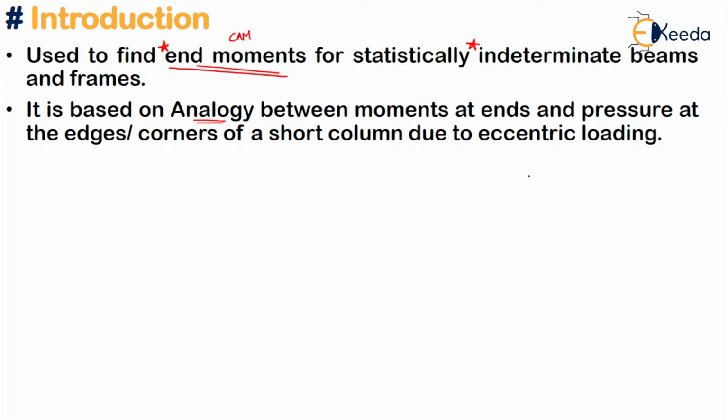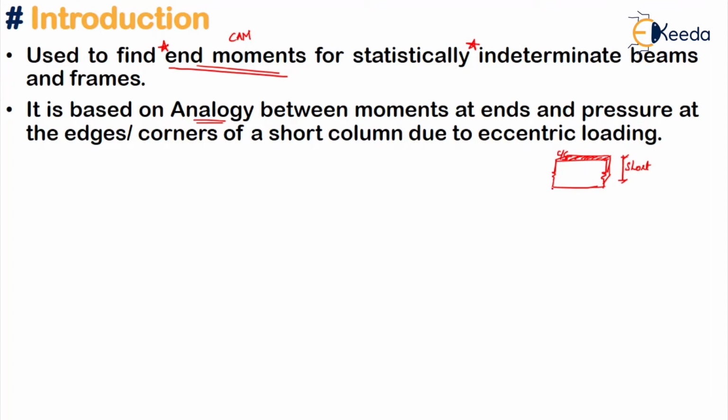We'll consider a small short column and try to calculate the pressures at the base. Say, if this is the short column, this is the front view, and this is your cross section.